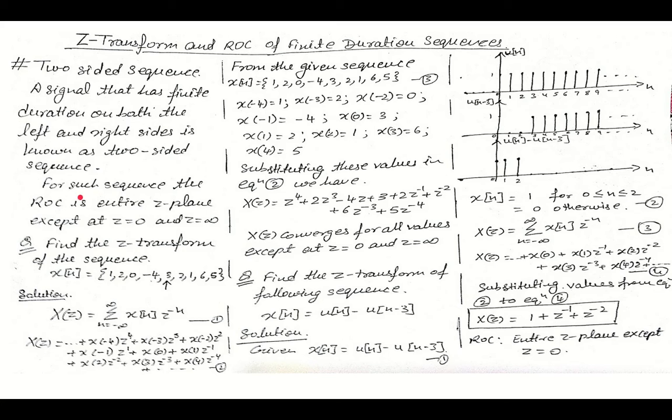Then for such sequences, the ROC is the entire z plane except at z is equal to 0 and z is equal to infinity. So for the z transform of the sequence x[n] is equal to 1, 2, 0, minus 4, 3, 2, 1, 6, 5.